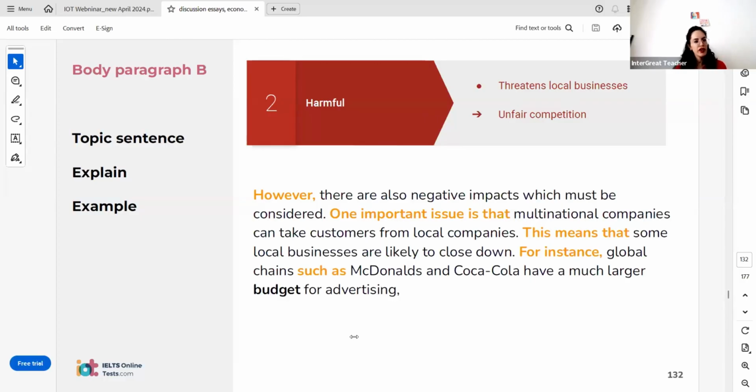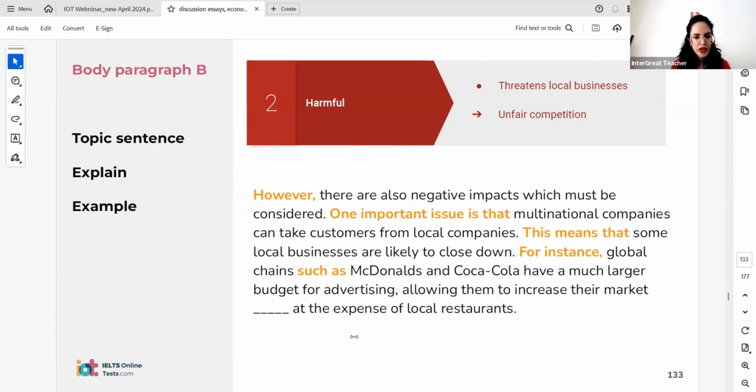Very good. Also KFC. That's why I said there are many words we can put instead of McDonald's, but yes, budget for advertising, right? Audience we don't usually use for this context. Audience is a person who's, let's say, watching a movie, something like that.